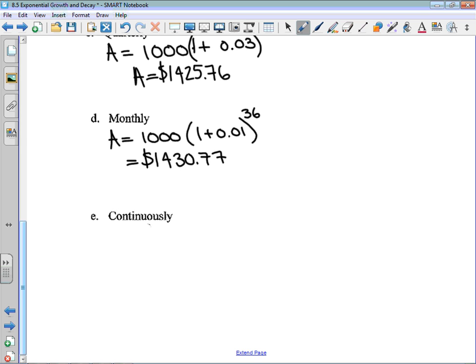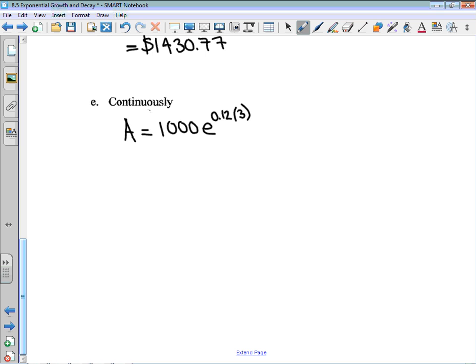As soon as it's continuous, I can't use the formulas I have above. I have to use that A is equal to 1,000 times e to the power of 0.12, and then there's 3 years there. Now, compounding continuously means that it's continuously compounding. And that does mean that the interest rate tends to 0, but we get so many compounds, and it turns out that this is the most money that we can make.